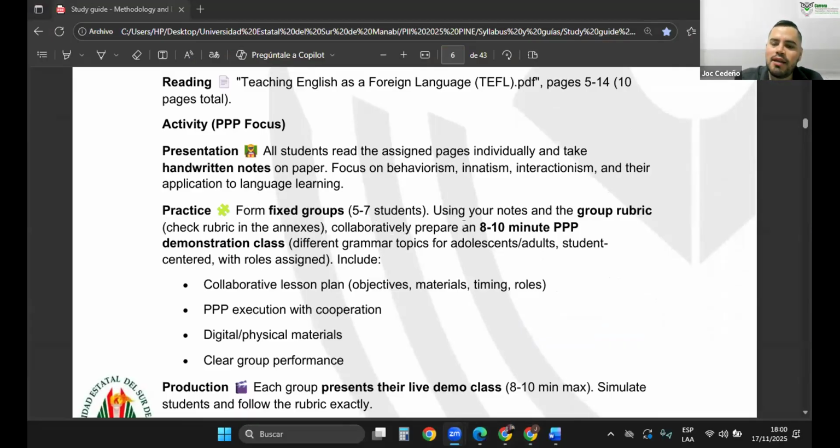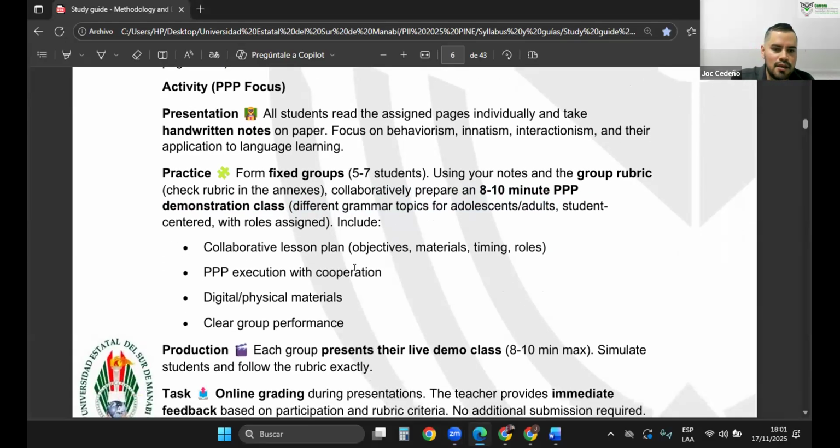You have to prepare an 8 to 10 minute demonstration class with the PPP stages. You have to focus on different grammar topics for adolescents or adults, student-centered with roles also assigned.